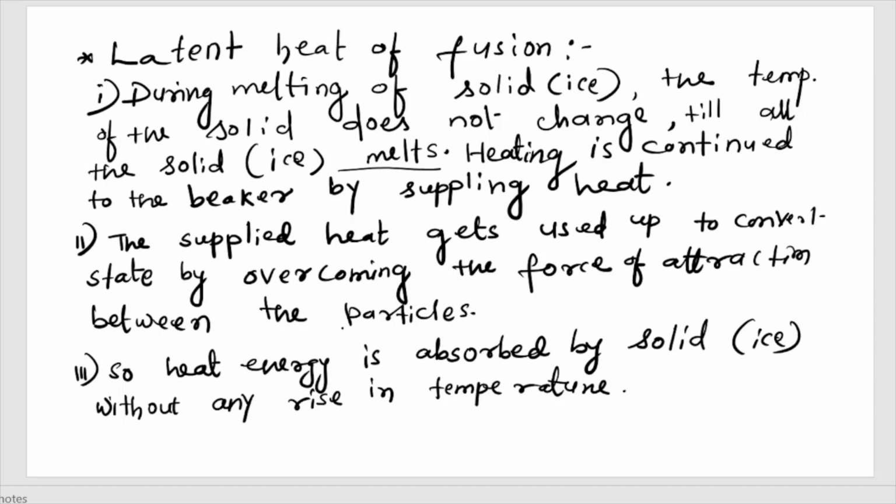The supplied heat gets used up, whether for 1 hour or any time you are heating, to change the state by overcoming the force of attraction between the particles. The heating energy is used until the force of attraction between the particles becomes less.